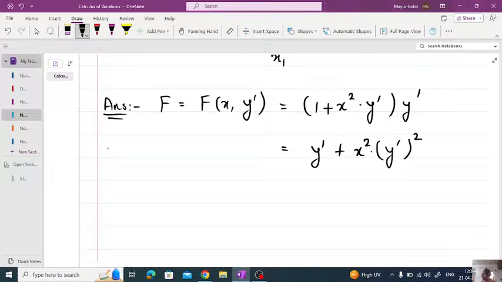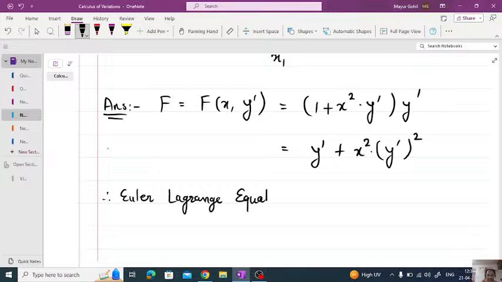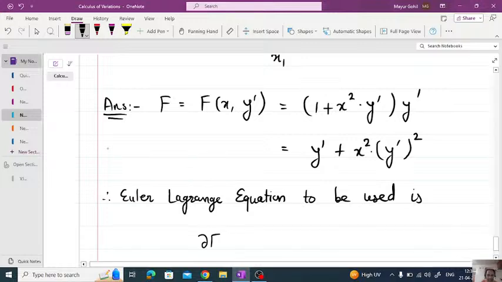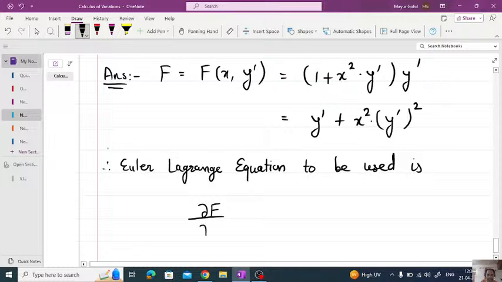Yeah, fine. So therefore the Euler-Lagrange equation to be used is del f by del y dash equal to c.